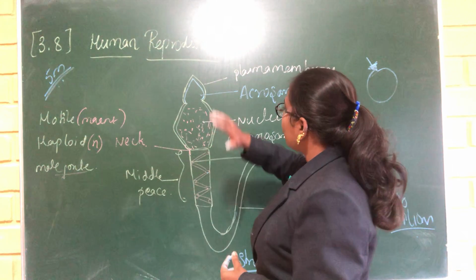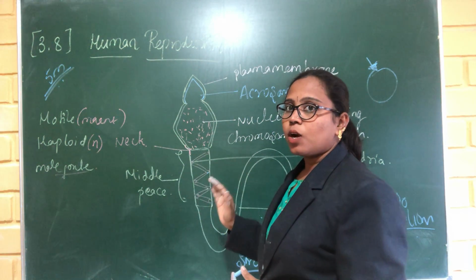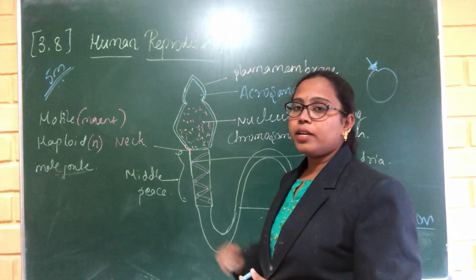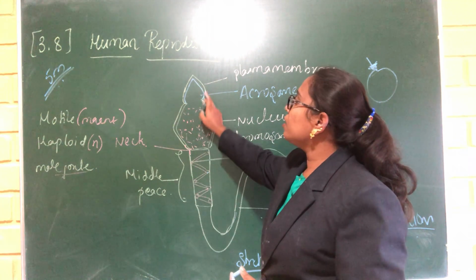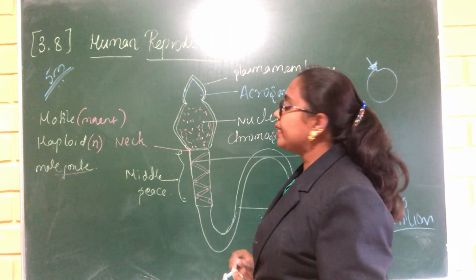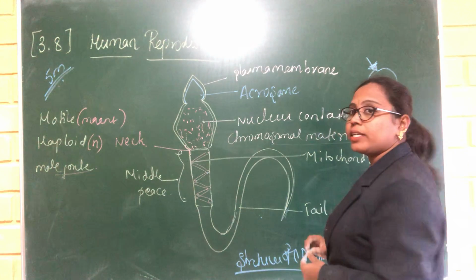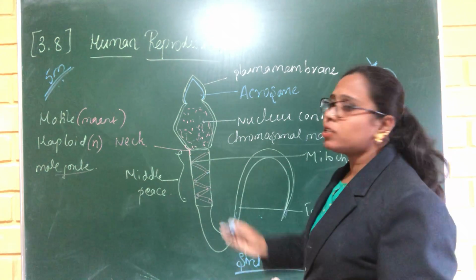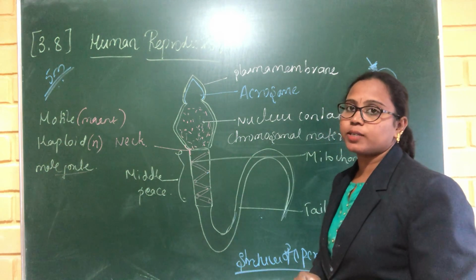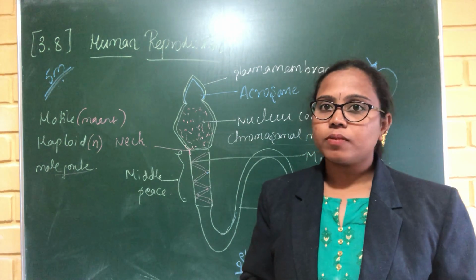The whole sperm is covered by the plasma membrane, and the head is covered by a cap-like structure called the acrosome. The head contains a nucleus with chromosomal material, and all sperms are haploid in nature.